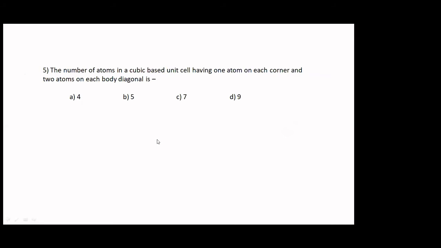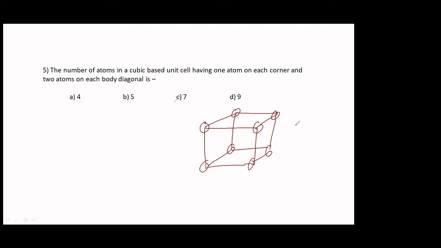The number of atoms in a cube-based unit cell having one atom on each corner and 2 atoms on the body diagonal is. You have to think and answer. It has 1 atom at the corners and 2 atoms on the diagonals of the body. It will be like this. These corners are 8, so 8 into 1 upon 8.